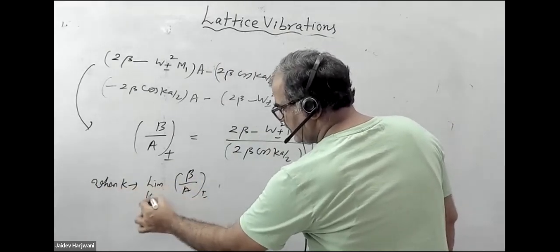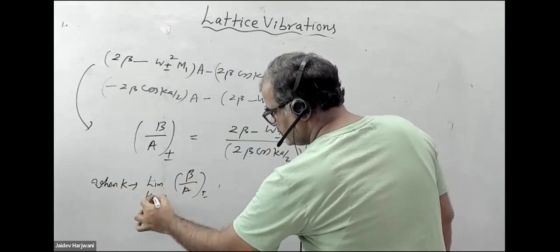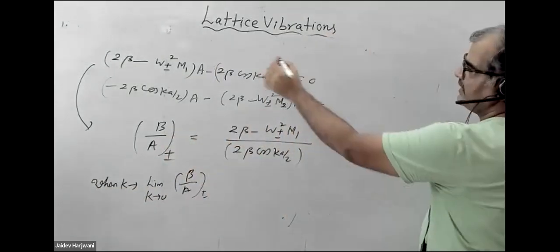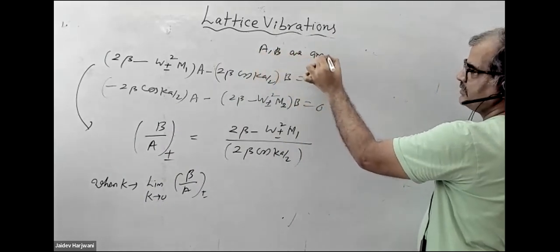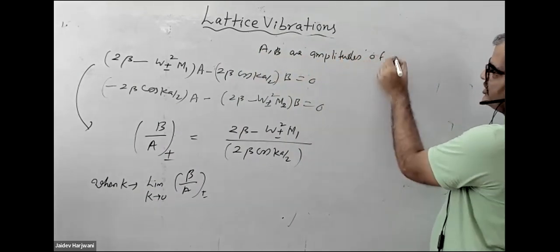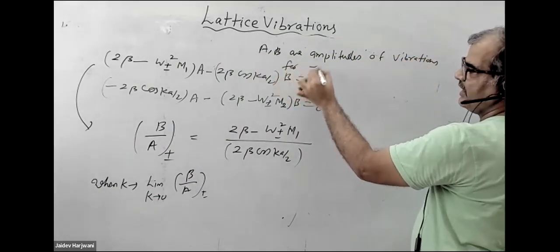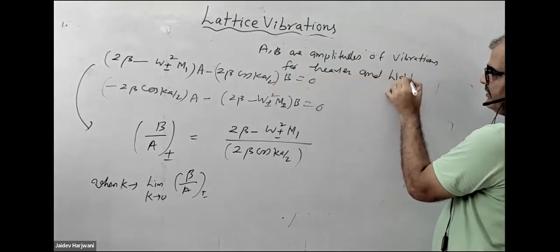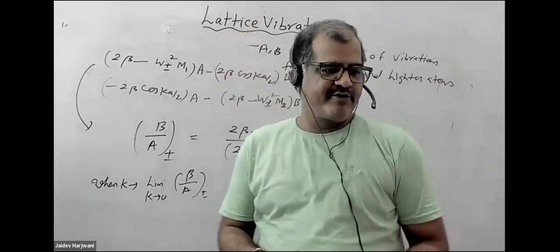Limit k tends to 0. a and b are amplitudes of vibrations for heavier and lighter atoms. A is the amplitude of the heavier atom, B is the amplitude of the lighter atom.